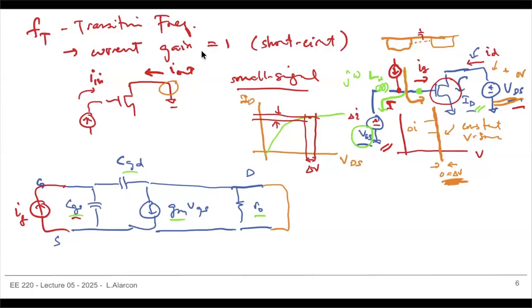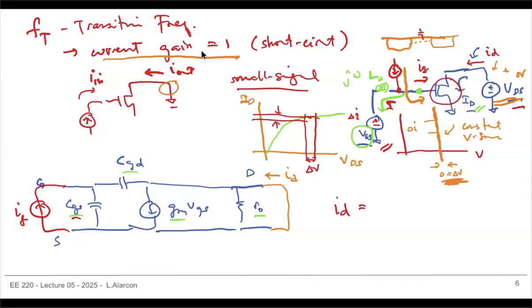Now we can start calculating. I want to figure out what this current is, the drain current or the output. And I want it such that the current gain is 1. So very quickly, what is that drain current in small signal?